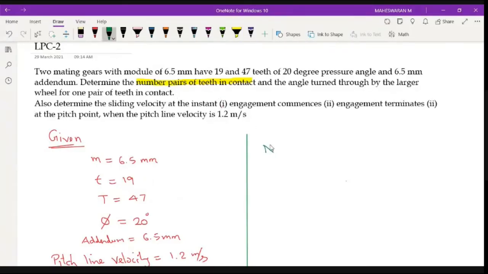So for the number of pairs of teeth in contact, you have to identify the length of path of contact.